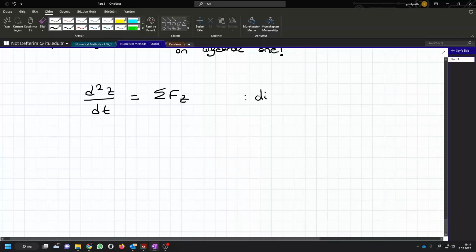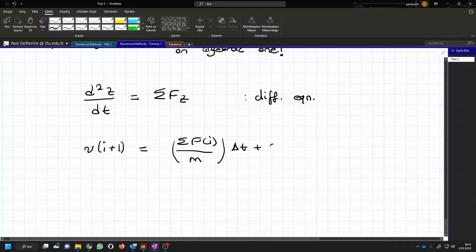And we have converted it to an algebraic equation: v(i plus 1) equals to sigma f(i) over m times delta t plus v(i). This is an algebraic equation.